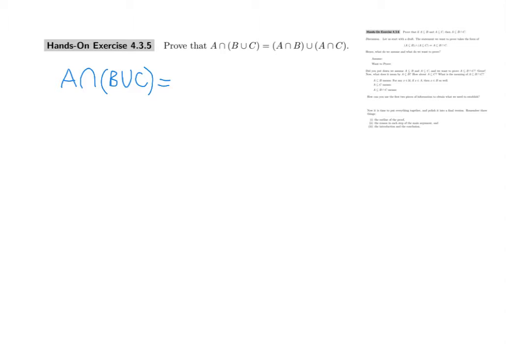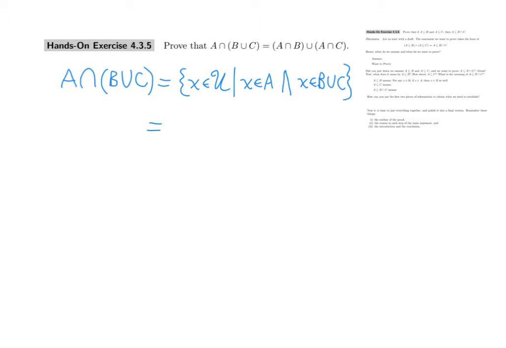A intersect a set means the set of X in our universal set such that X is in A and, that's the logical and, X is in B union C. Now we have the B union C that we want to write its definition.